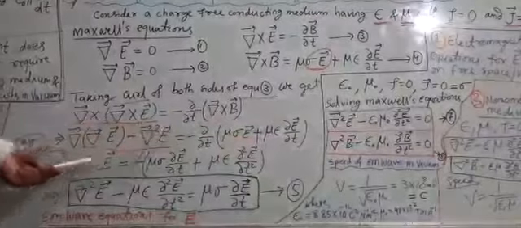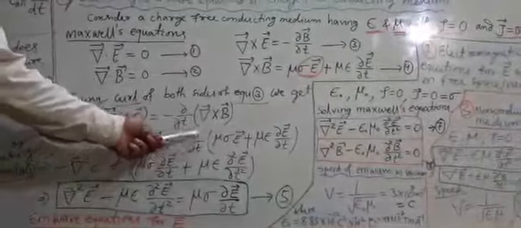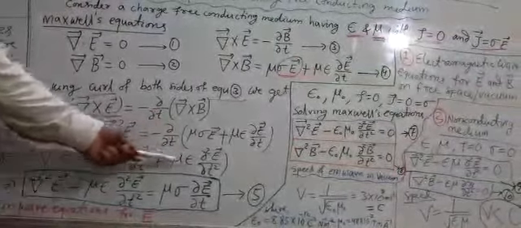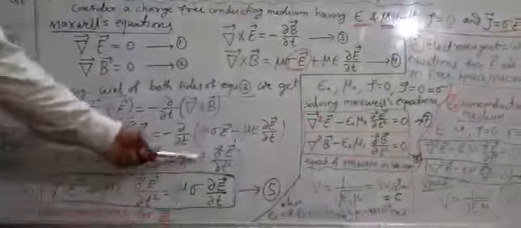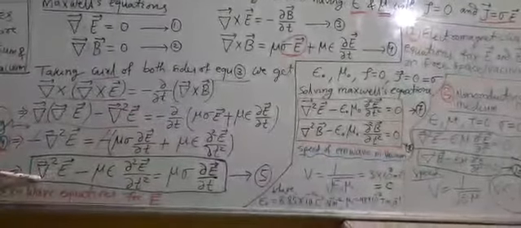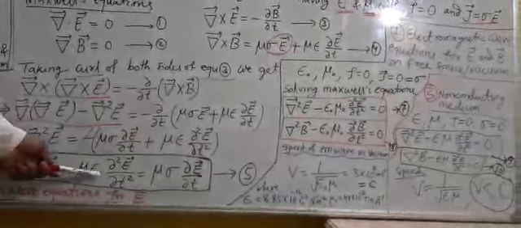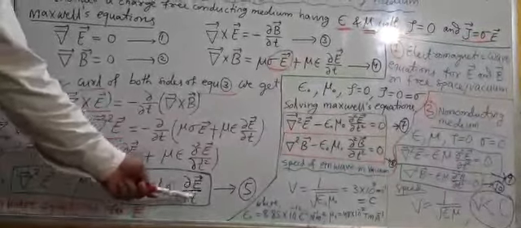Minus minus cancel out, and the time derivative enters the bracket. The final result is minus del square E minus mu epsilon del square E by del t square is equal to mu sigma del E by del t.